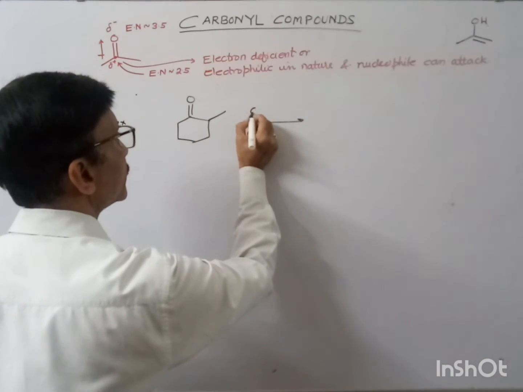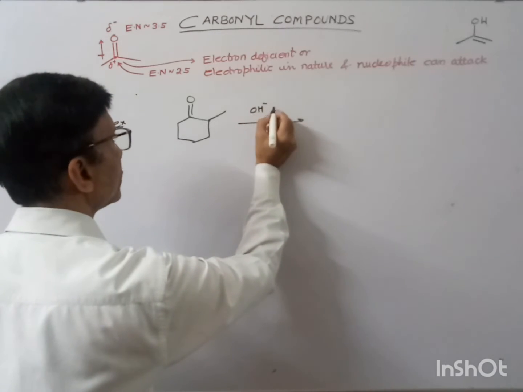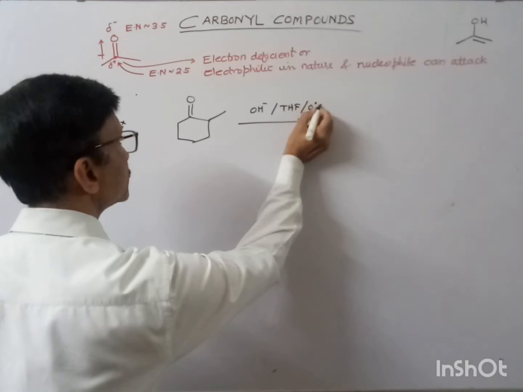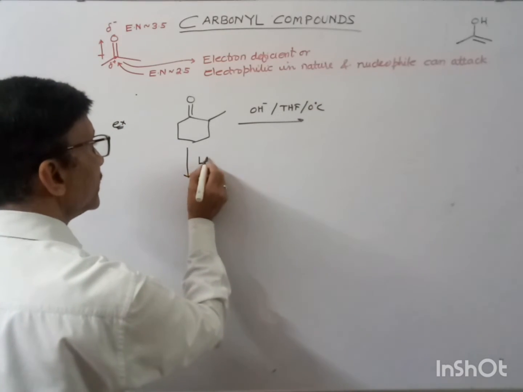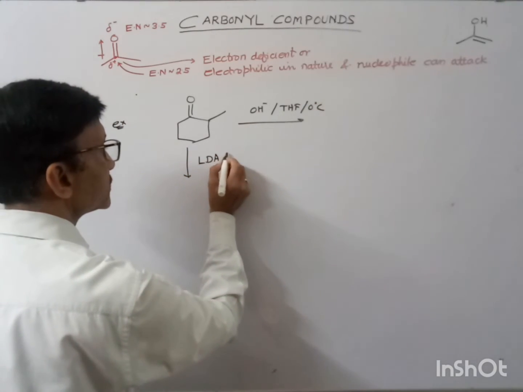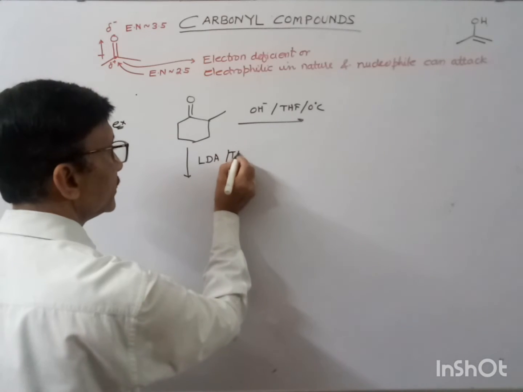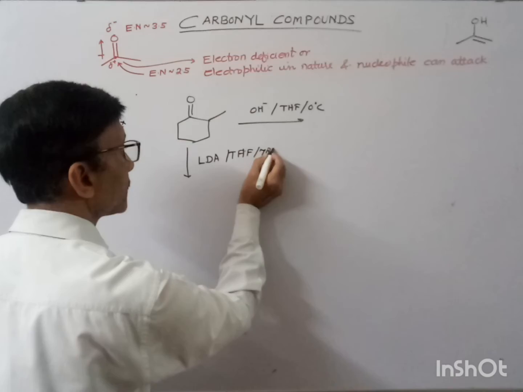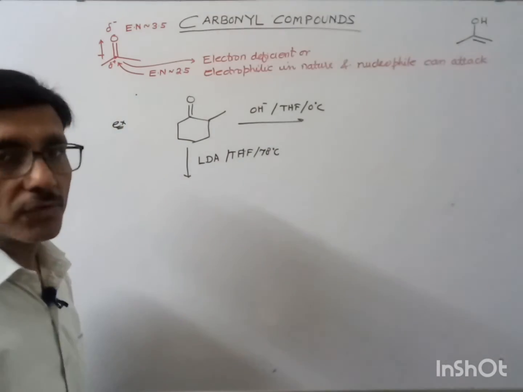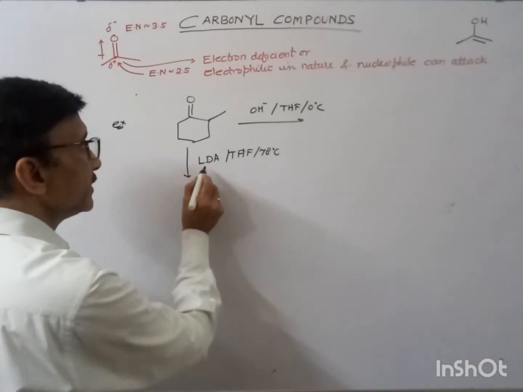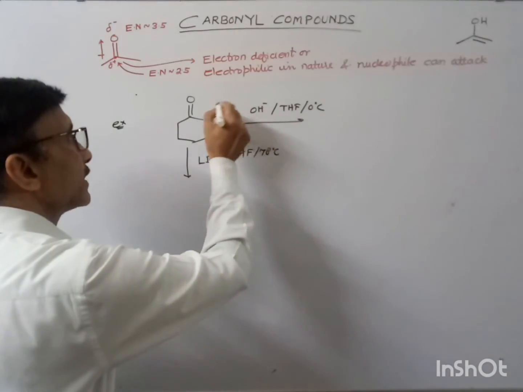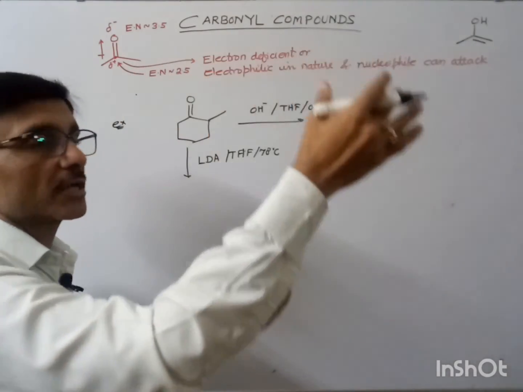What would the product be if we have a strong base, sodium hydroxide, in presence of THF as a solvent at 0 degrees Celsius temperature, and this LDA at minus 78 degrees Celsius temperature? No doubt, what I have told you, this LDA attacks from the less hindered side, and OH minus attacks from the more hindered side to get the thermodynamic product.